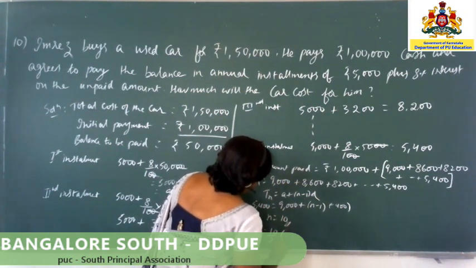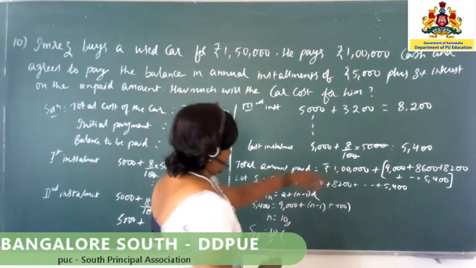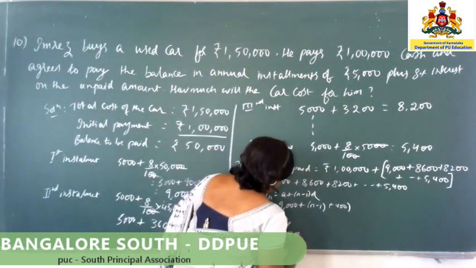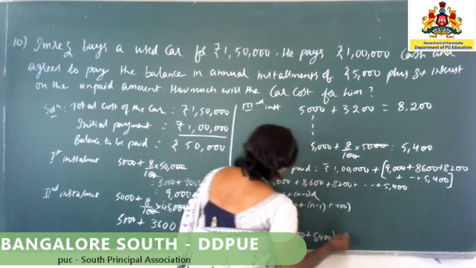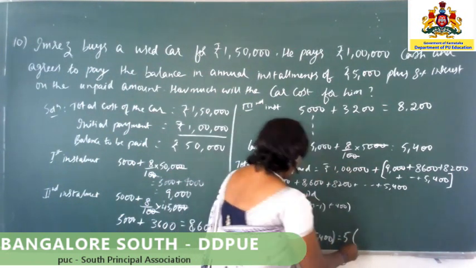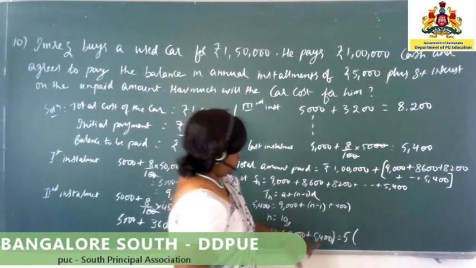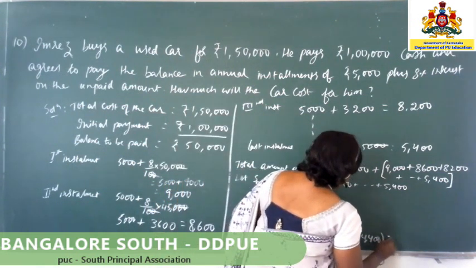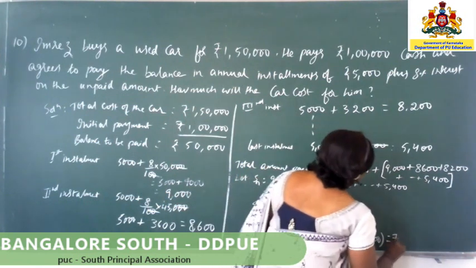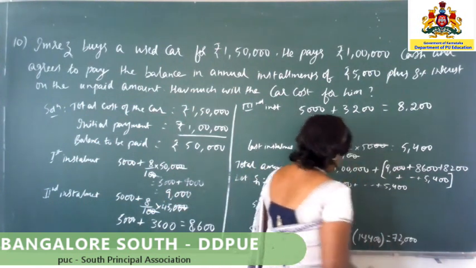10 by 2 into A plus L. So directly I can substitute 9000 plus 5400. So that is equal to 5 into 14,400, which is equal to 72,000.